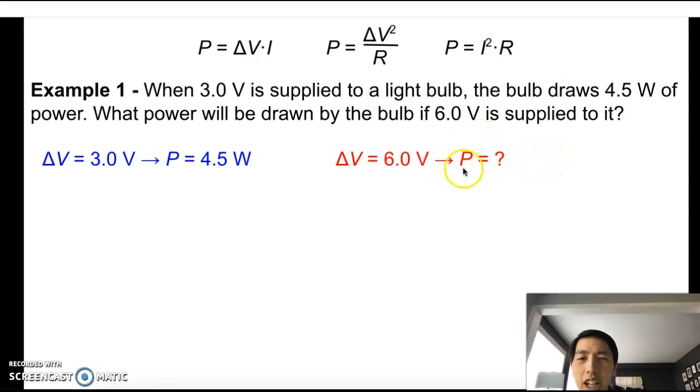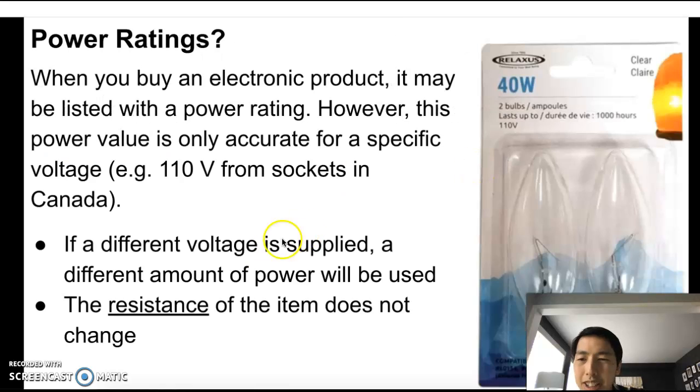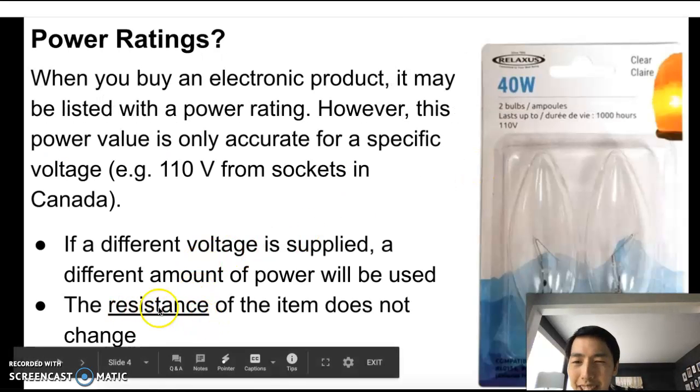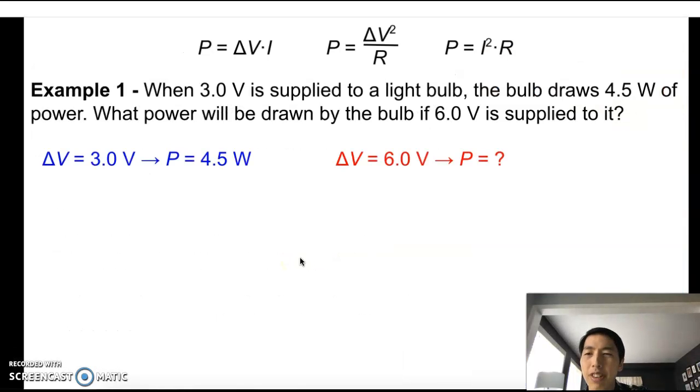So how do I figure out this number? Well, I'm going to find the resistance value. 2 slides ago, I told you the resistance stays the same no matter what voltage it's plugged into. So using my stuff in blue, I'm going to pick out a formula that's got voltage, power, and resistance.